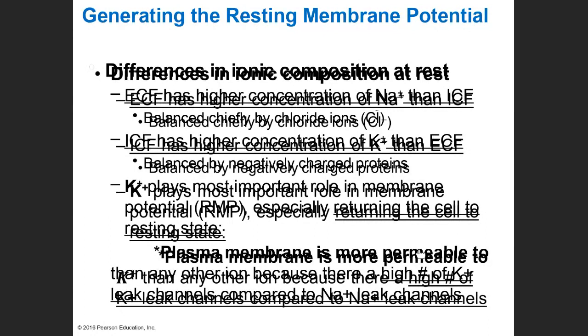So what dictates permeability, and I already said it, is whether or not ion channels are open or closed. The deal is that in the neuron, we have a much higher number of potassium leak channels than we do sodium leak channels. So this is why the neuronal plasma membrane is more permeable to potassium compared to sodium or any other ion.